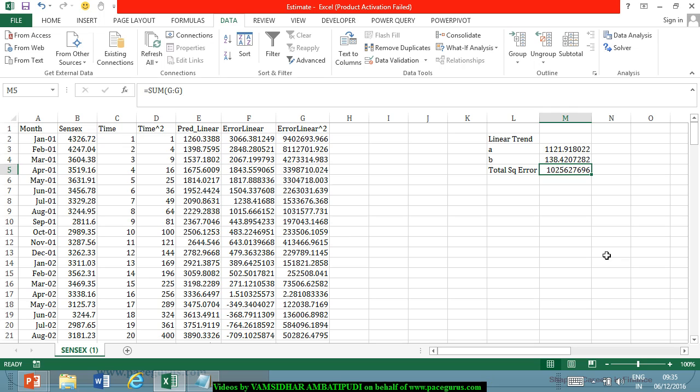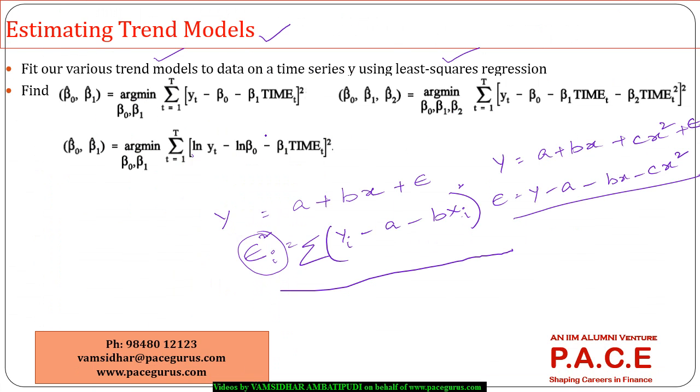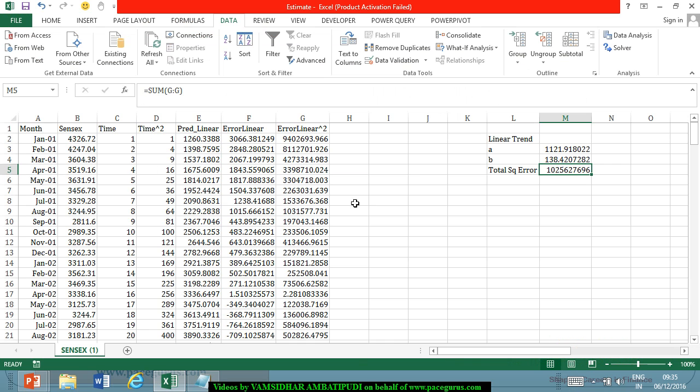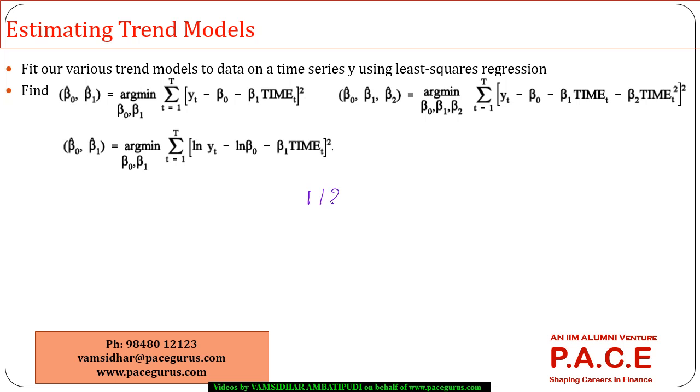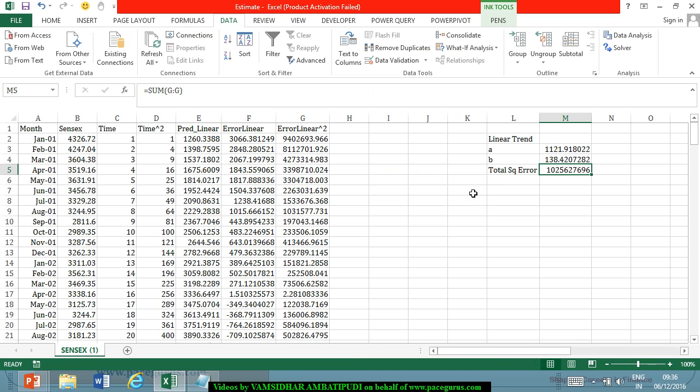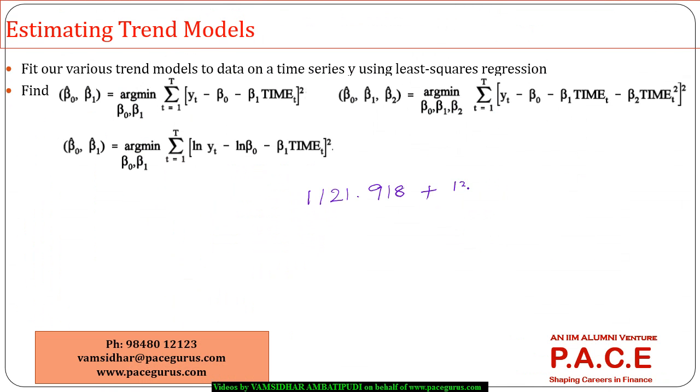This is the least possible error I was able to get with the linear trend. So the best possible equation for me if I am going with a linear trend is 1121.918 plus 138.42 times the time.